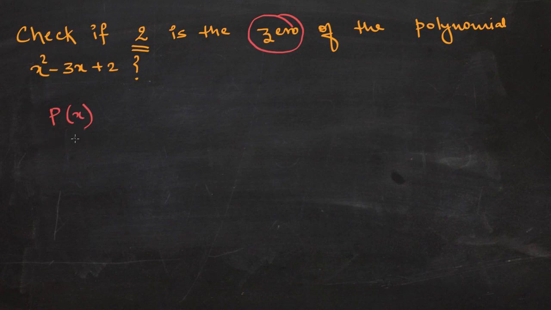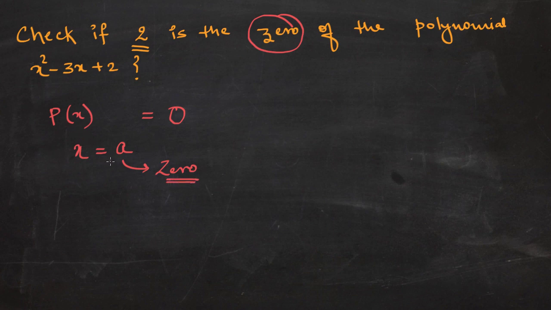So 0 of a polynomial means that if instead of x, we substituted some value, for example, x equals a, which can be anything, 2, 3, minus 5, minus 4, whatever that is, and the value of this polynomial comes out to be 0, then this value a is called the 0 of the given polynomial.